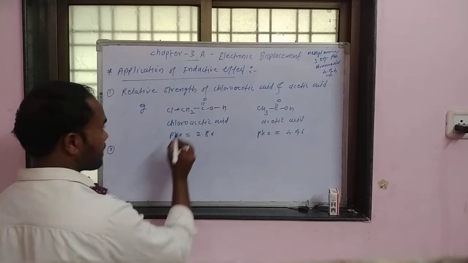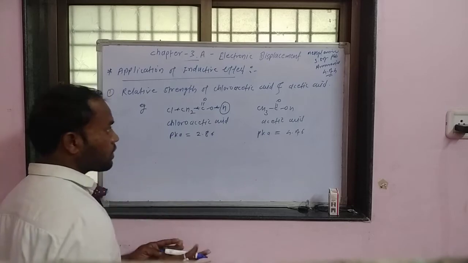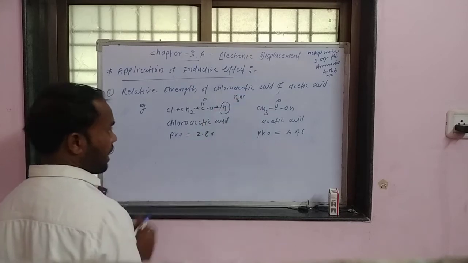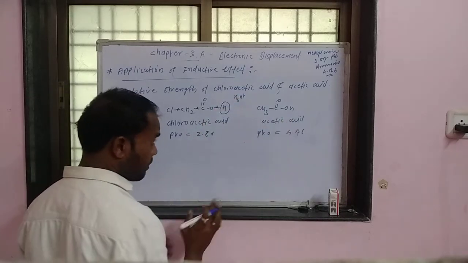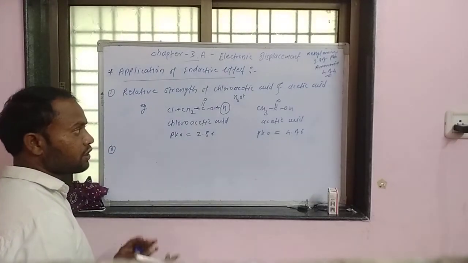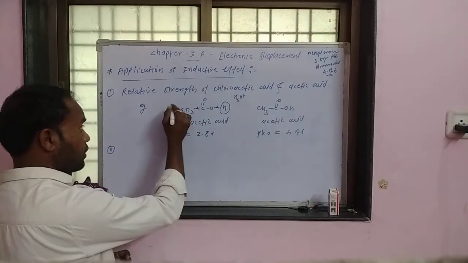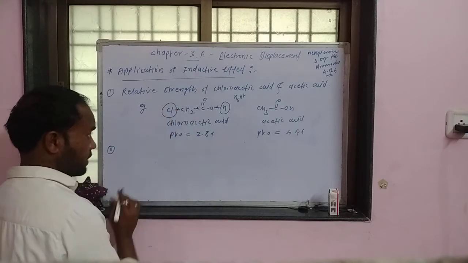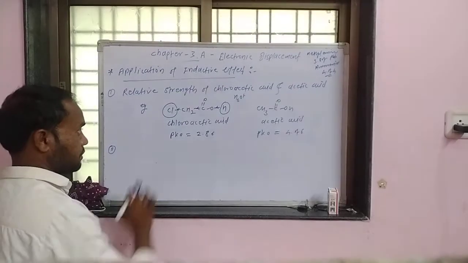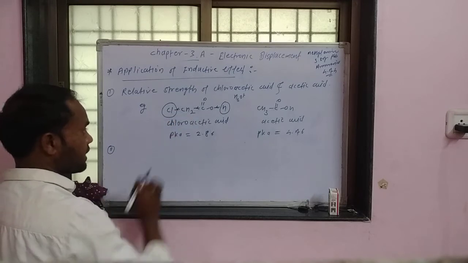The chlorine atom attracts electrons toward itself, and the hydrogen is easily removed in water molecules to form H3O+, positively charged. In acetic acid, the proton is not easily removed in water as compared to chloroacetic acid, because the chlorine, an electron withdrawing group, has an effect on the proton and the acid group.